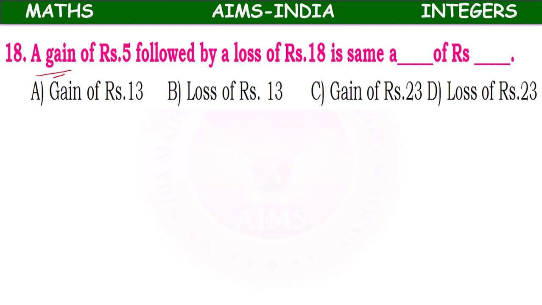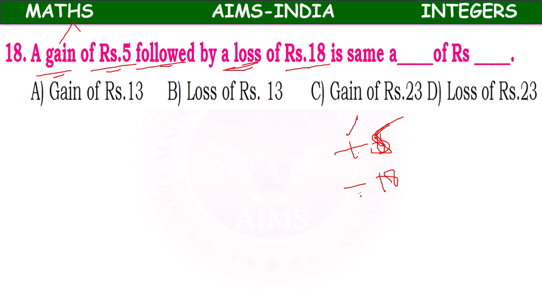Next. A gain of rupees 5 followed by a loss of rupees 18 is same as. Means while doing a business, we got 5 rupees gain and 18 rupees loss. Gain we will represent with plus symbol. Loss we represent with minus symbol.